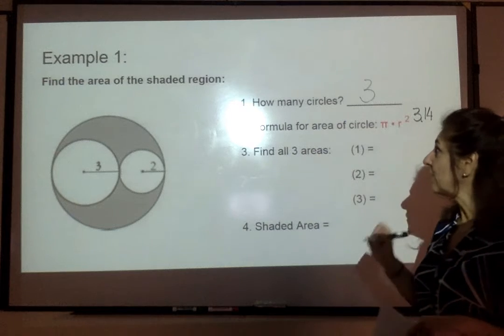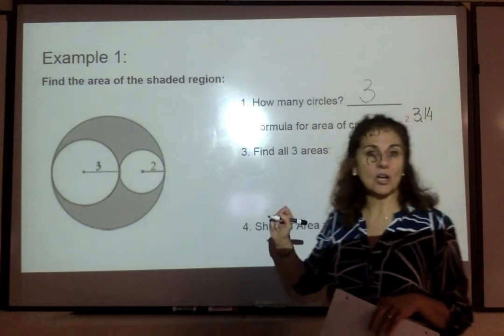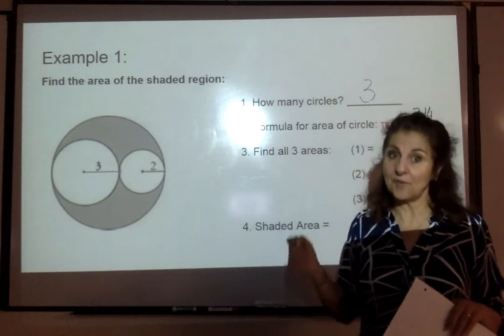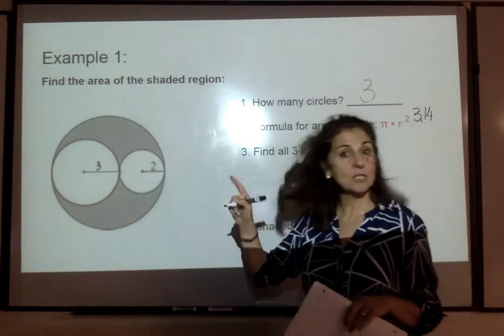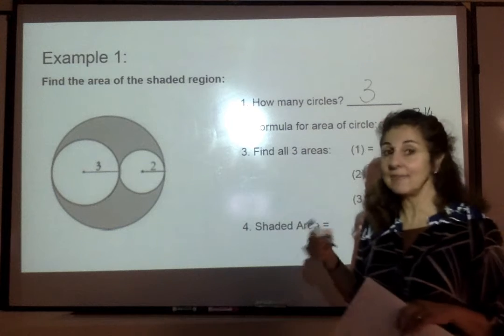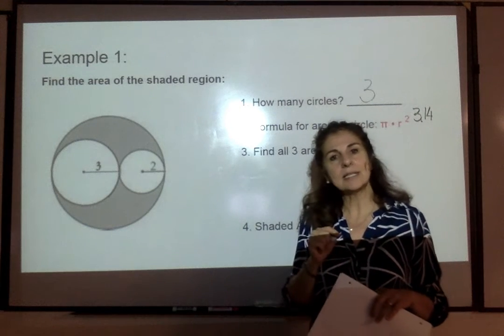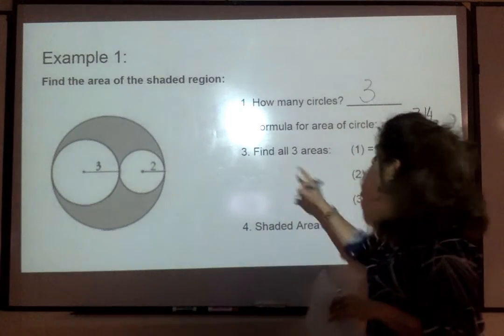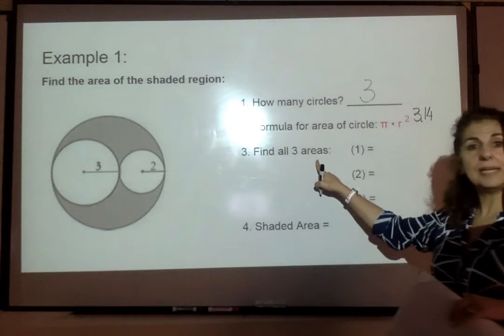Remember that when we are finding area, we cannot use diameter. So if we have diameter, we have to find the radius first, and then we can find the area. And what is the radius? The radius is half of the diameter. Then we have to find all 3 areas.